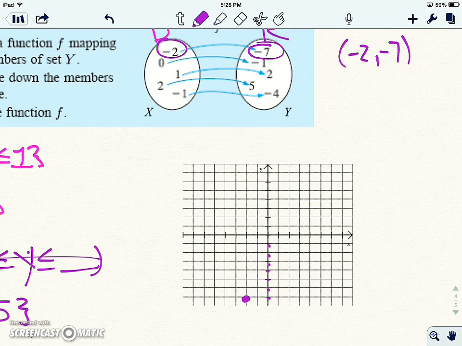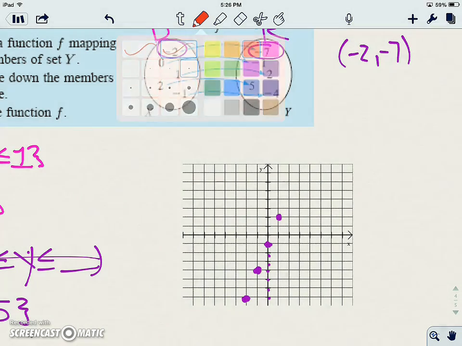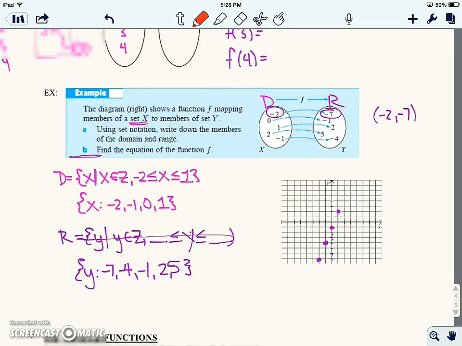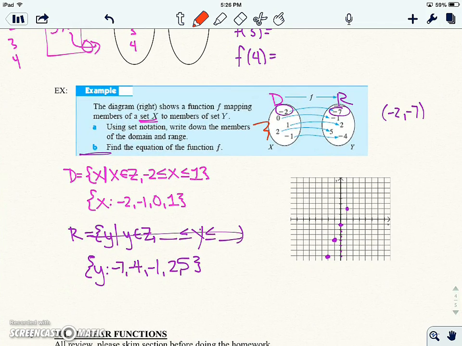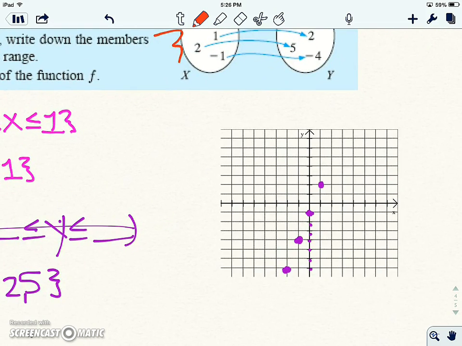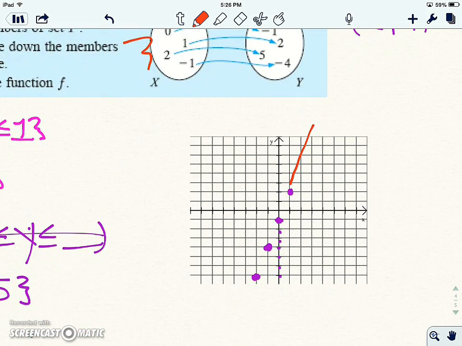Then 0, -1, 1, 2, and -1, -4. And if you look carefully, it almost makes a line. It doesn't because we're not putting anything else in, but if we put other x's in, it would make this line. So we could find the equation for the line knowing that we're limited by what x's we put in.